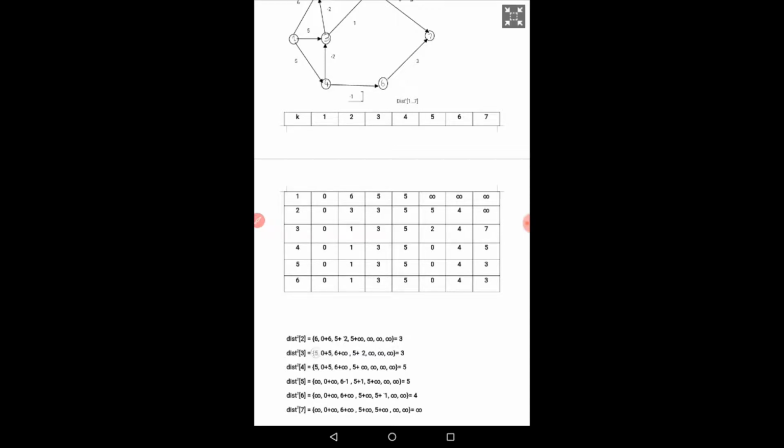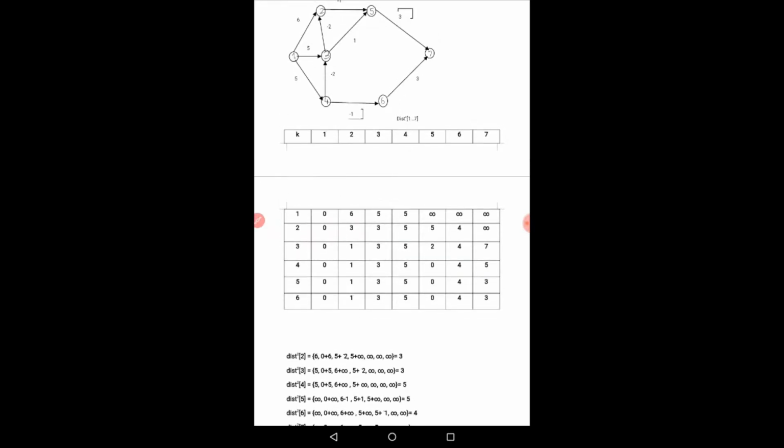So first, after writing the previous distance of 3, then I will write from the vertex 1. So from 3 I have written the value. So here this 5 I have written over here. The next values from the vertex 1 I have to write. So this is my current vertex 3. Now current vertex previous value I have written, that value is 5, comma.